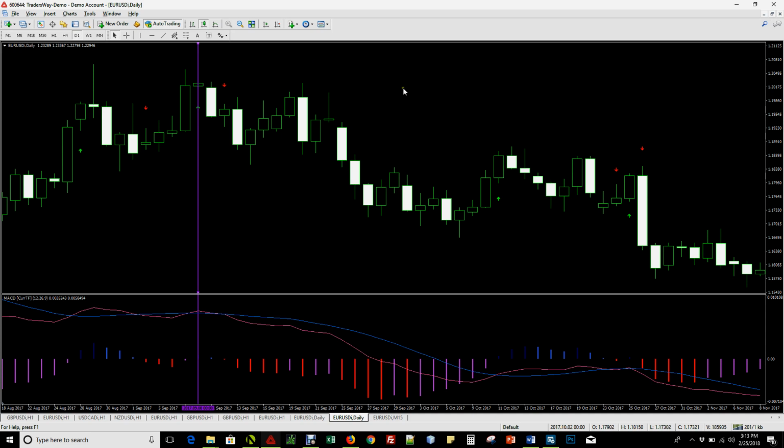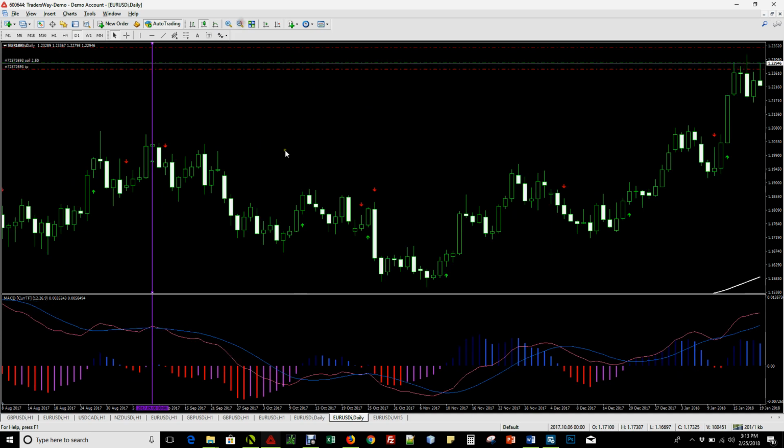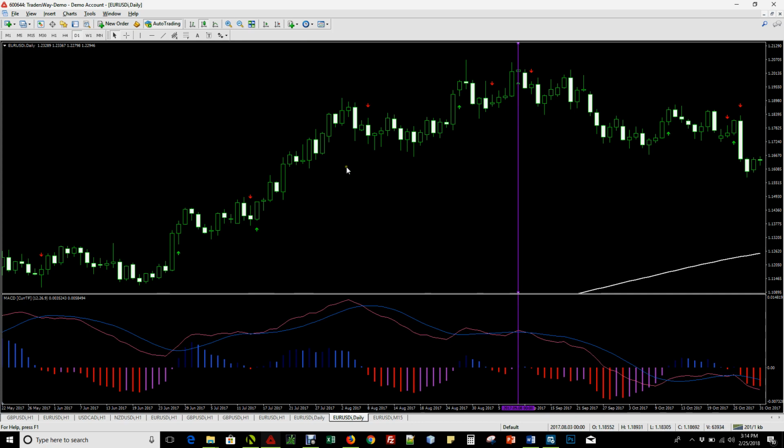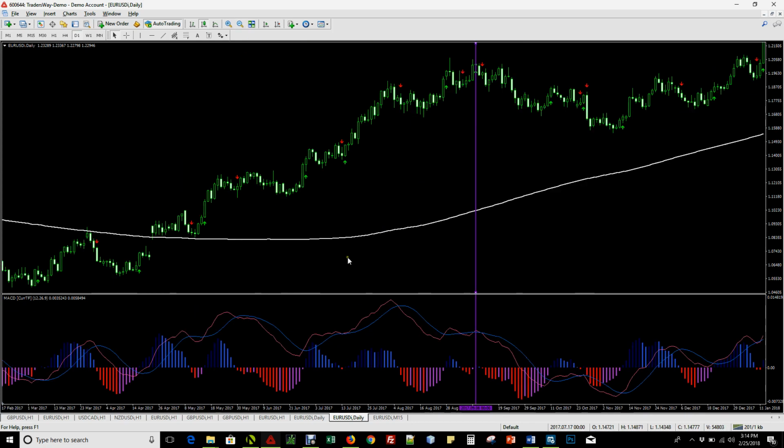If price is above the 200 simple moving average, or this white line here, if it is above it, you only take long positions. If it is below it, you only take short positions. Set your stop loss at previous support and resistance. Set your take profits at previous support and resistance.